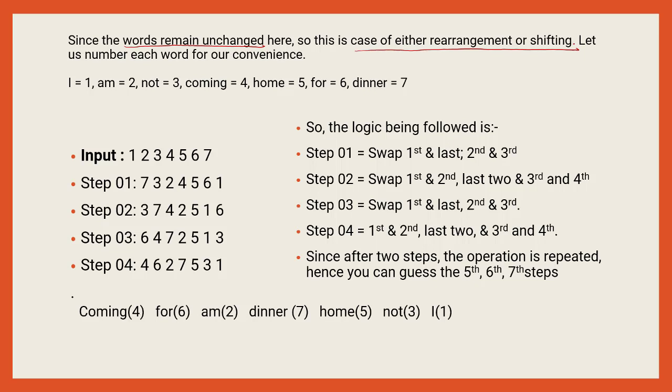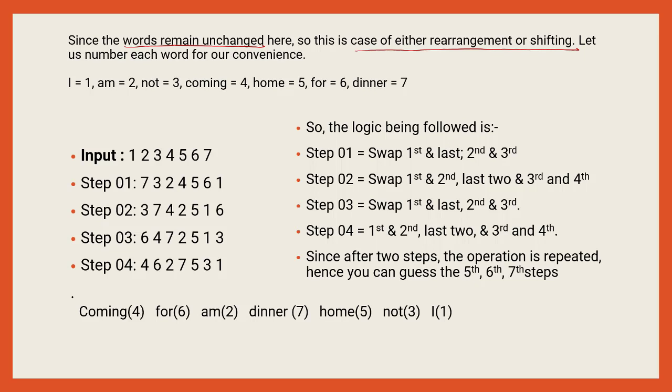Okay, so for convenience, what we have done: we had a 7-word sentence, I am not coming home for dinner. So it has 7 words.